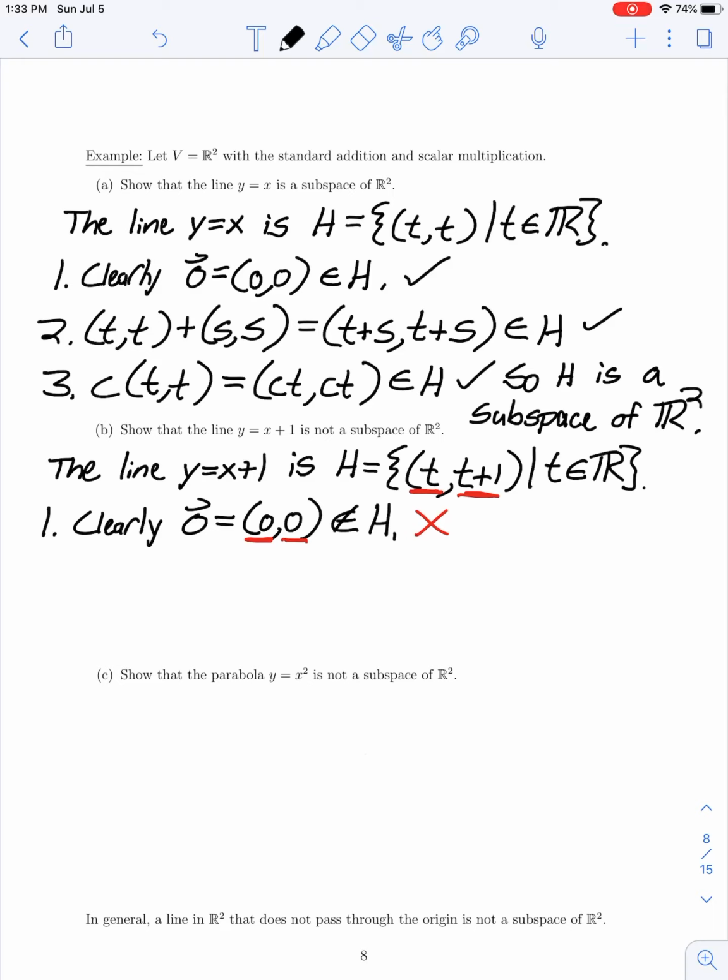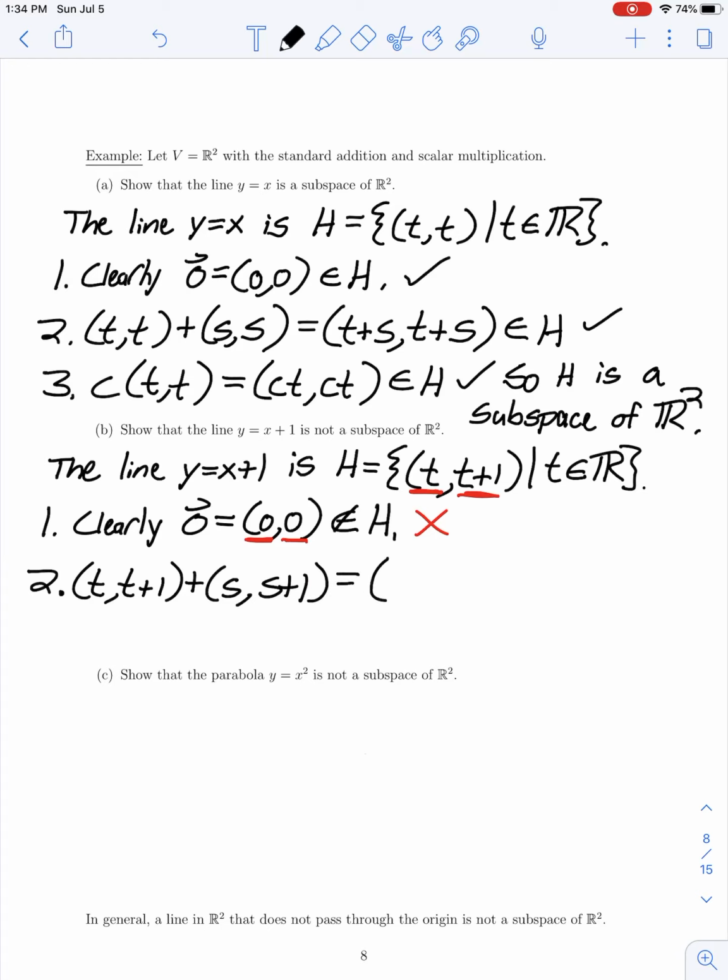Now we could have also seen that some of the other properties for a subspace fail. So if we were to check the second condition, does the sum of any two vectors lie within this subspace? So let's say that we have a point of the form (t, t+1), and another point on our line, say a vector of the form (s, s+1).